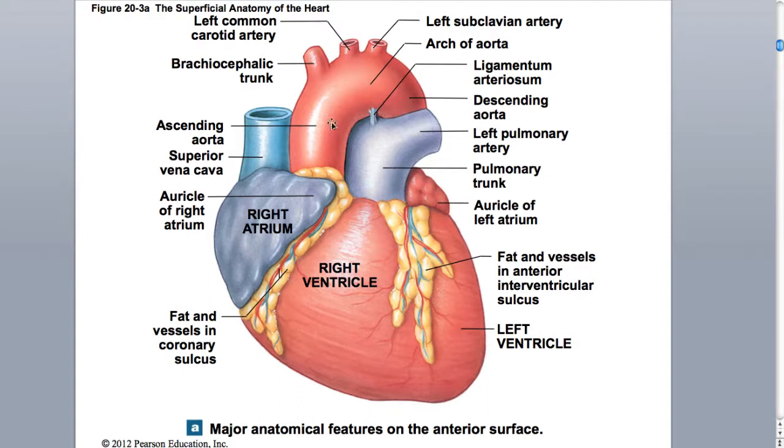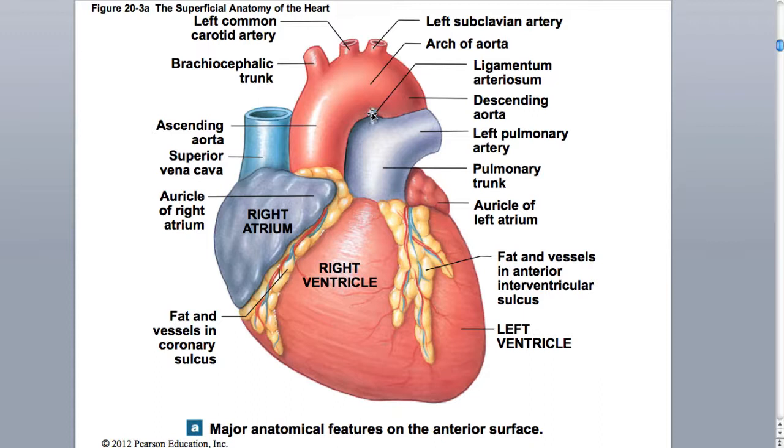Then we have the arch of the aorta itself. Notice it's broken down into the ascending portion, the arch portion, and then the descending portion. Next, we have this term called ligamentum arteriosum, and that's this piece right here. Make sure you know the before and after about that term.